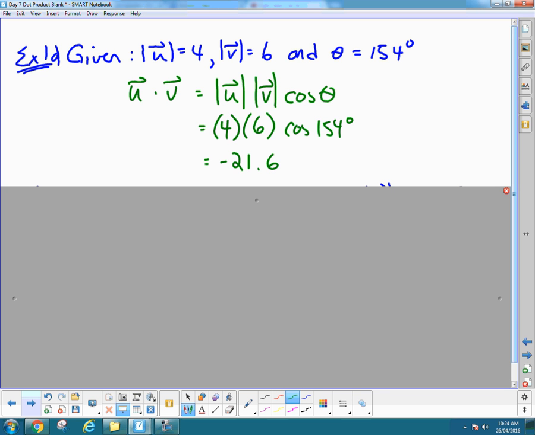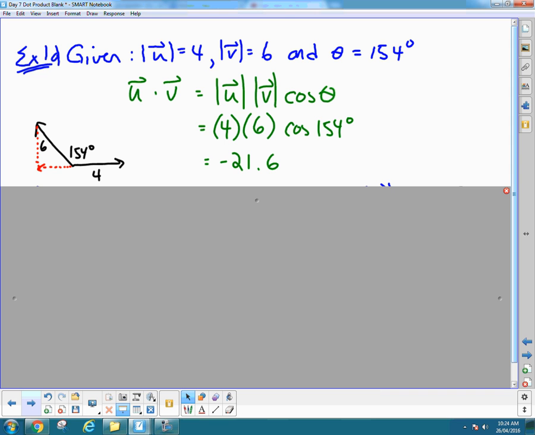Now, you might see that the answer is negative, which is fine, and it does have something to do with the picture. If I did draw these vectors, here's vector u, let's say it's 4, and vector v is 6, and the angle between them is 154. If you remember our note on projections, if we projected one down onto the other, we actually ended up with a vector in the opposite direction.